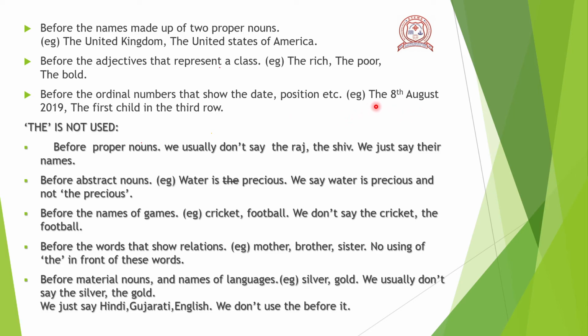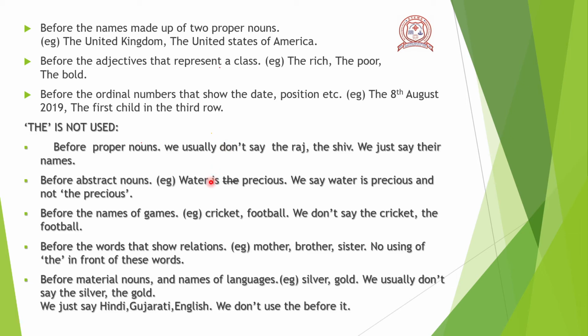So we are specifying a particular date, so we write the article the 8th August 2019, or we can say the first child in the third row. So a particular child sitting in the third row, the first child sitting in the third row. So these are the places where you use the article the.